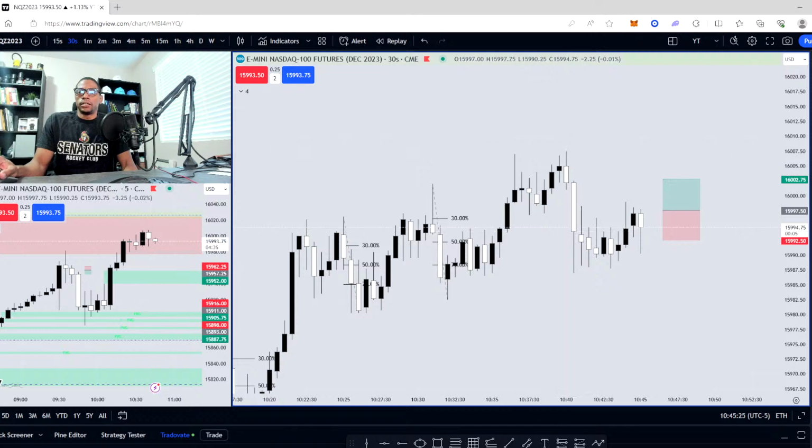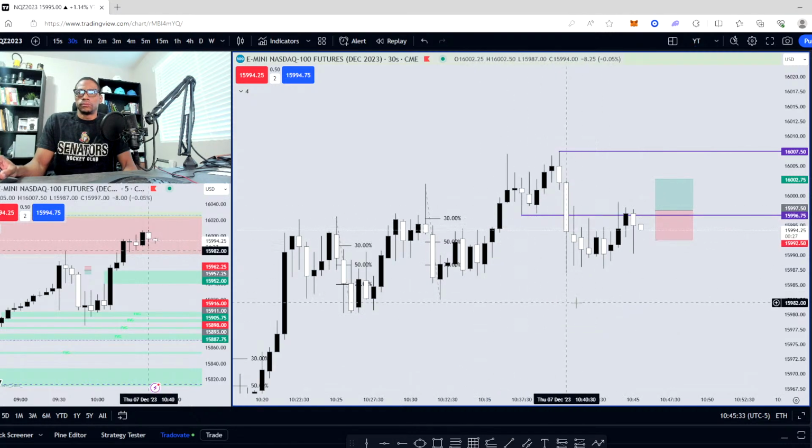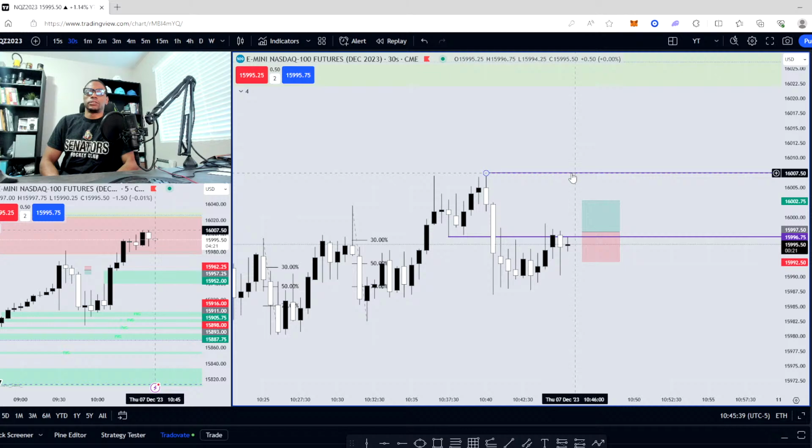Right, we had a new high put in here. We then swept a low. And now if we get a new high, then it's business as usual. Same as we've been doing for the last hour and a half, looking for longs. We'll set up our Fibonacci tool on the manipulation leg and we'll look for a 30% retracement.